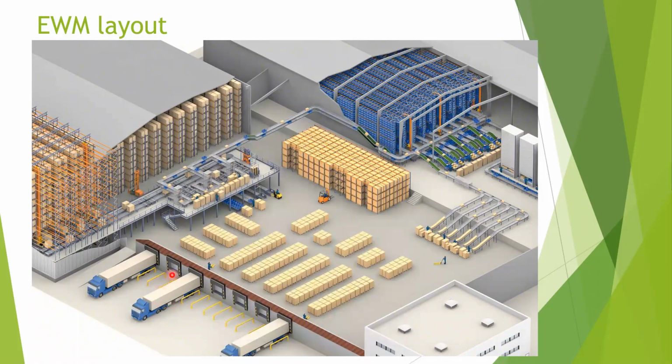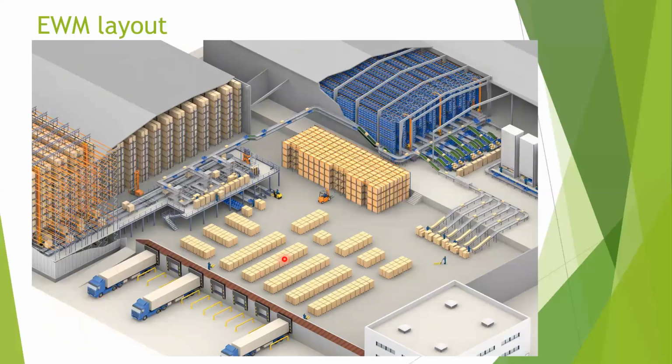Here, whatever the outside portion is, these are the doors I have shown for my warehouse. But the outside portion, where vehicles can be assigned to the door or where a vehicle can park, all of that is called the yard, and we are going to do the yard management as well.